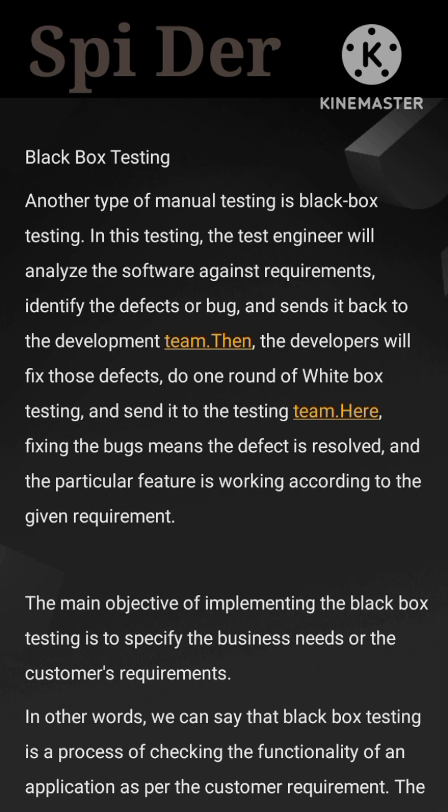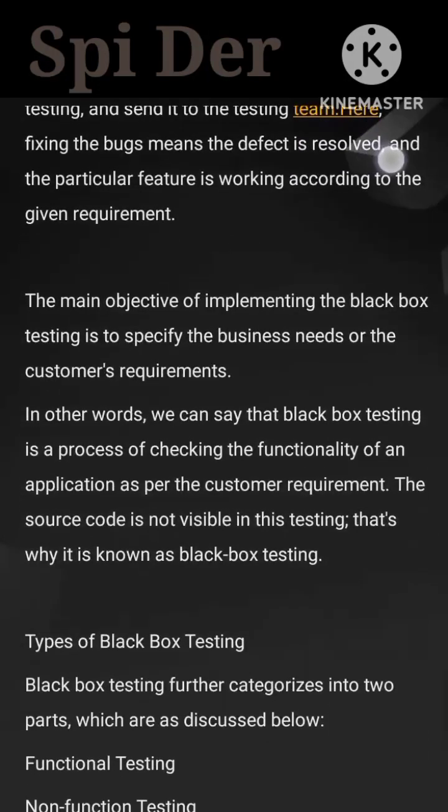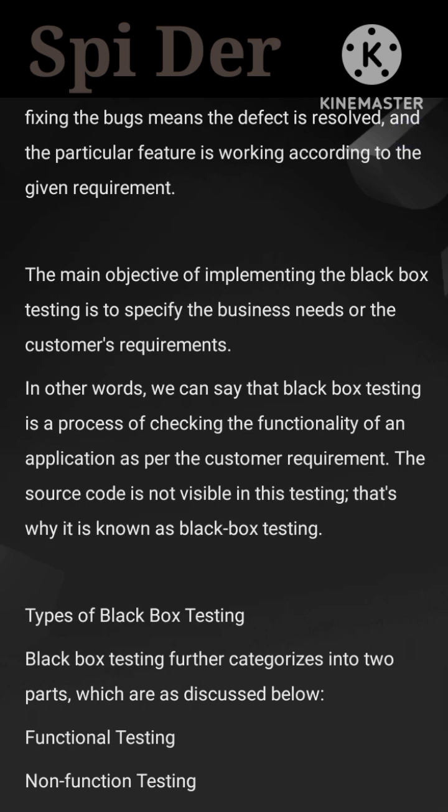Here, fixing the bugs means the defect is resolved and the particular feature is working according to the given requirement. The main objective of implementing the black box testing is to specify the business needs or the customer's requirements.